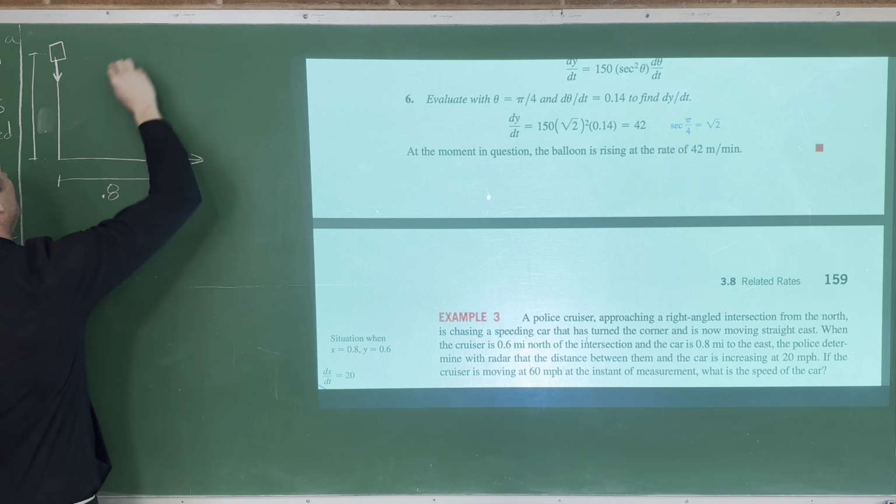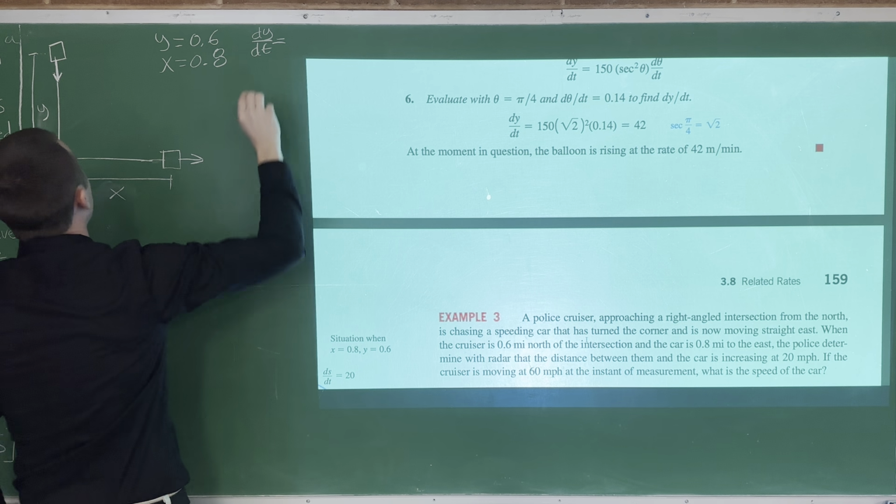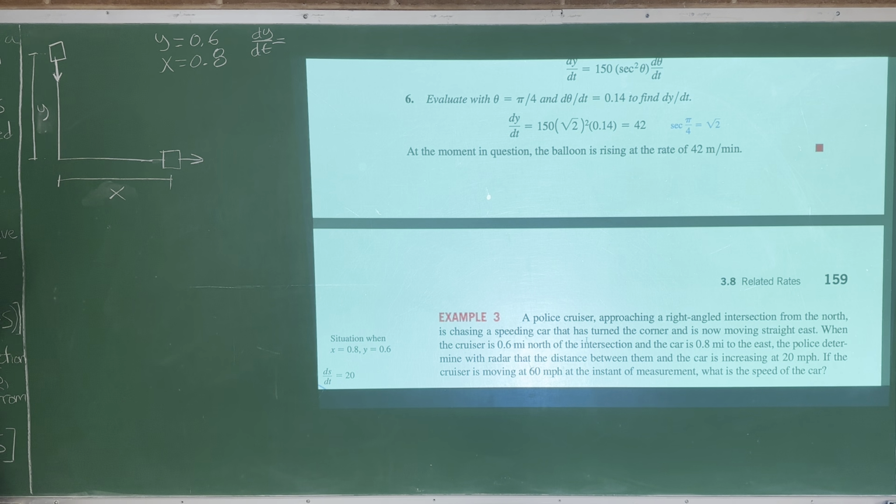We know that dy/dt at the time we care about is equal to what? How fast is the police car moving? 60 miles per hour. Here's a big gotcha. Is y increasing at 60 miles per hour?